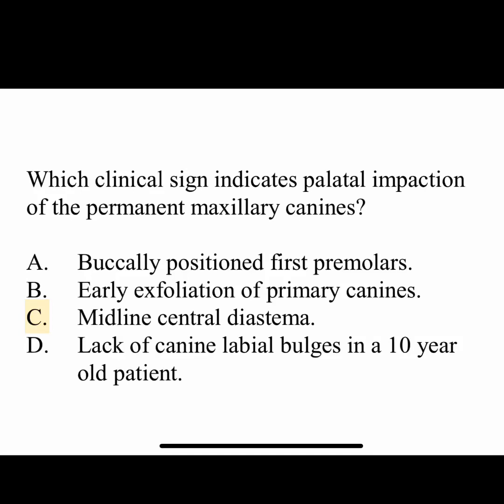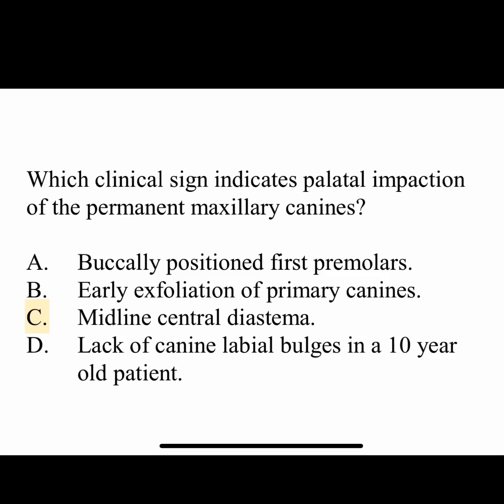Which clinical sign indicates that the palatal impaction of the permanent maxillary canines is present? The best answer here is D, a lack of canine labial bulge in a 10-year-old patient.